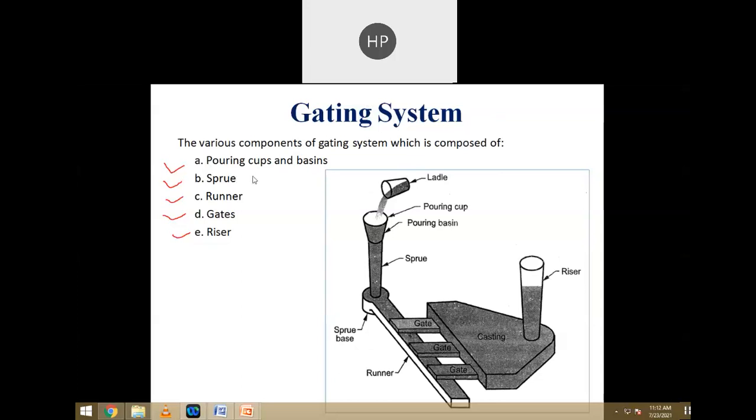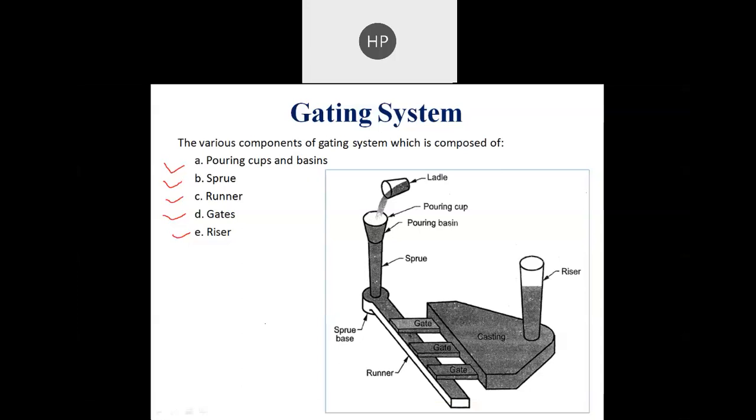One by one we are going to see all of these. First, in this diagram, the upper portion from which the molten metal is poured into the gating system is known as the pouring basin, or pouring cup.